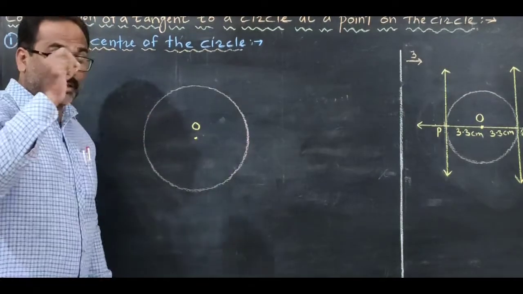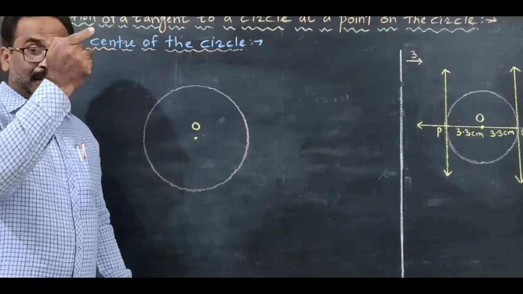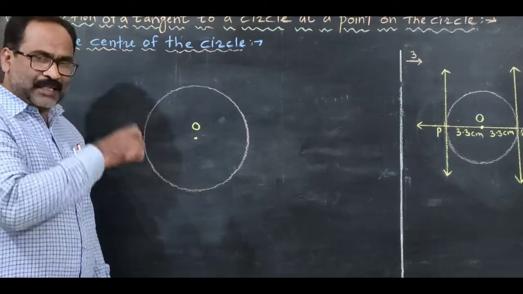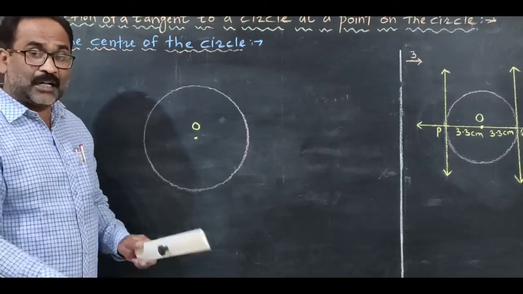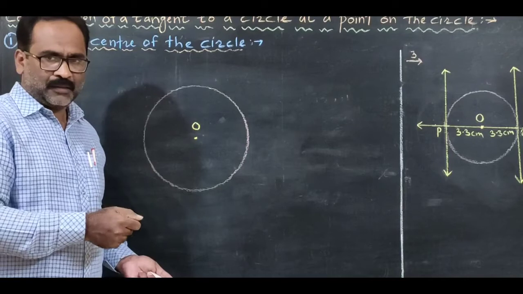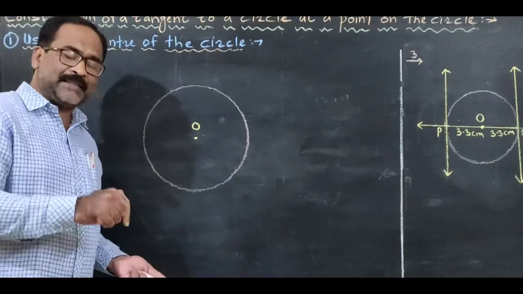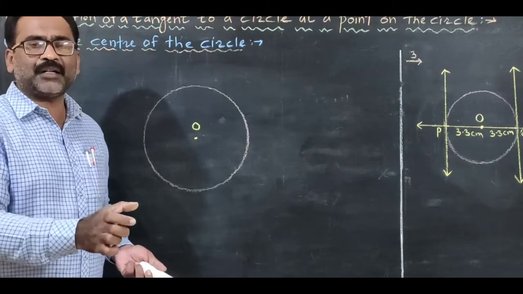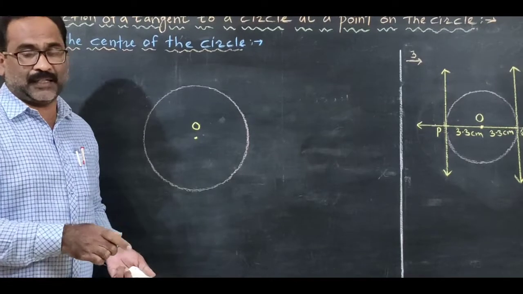Now second, draw a chord of length 6.6 centimeter in the circle. Here 6.6 is the double of 3.3. The length of the chord is double the radius, means PQ is the diameter of the circle. So here we draw PQ diameter of the circle.